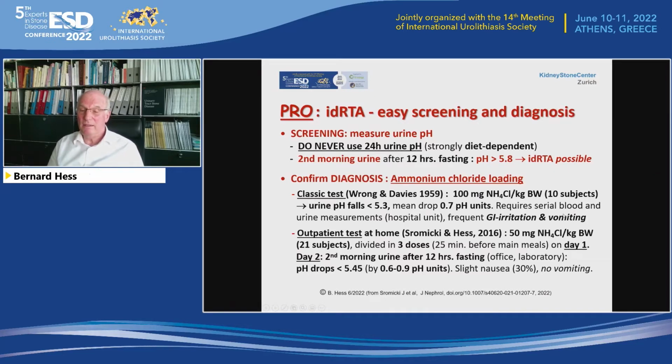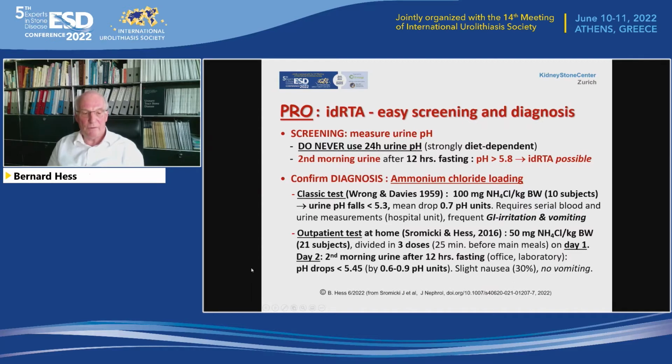This requires serial blood and urine measurements in a hospital unit, and a problem that is frequently present is gastrointestinal irritation and strong vomiting. We have developed over the years an outpatient test which can be done at home. We use half the dose of Wrong and Davis, which we consider a more physiologic acid load. We did that in 21 normal subjects. They got this dose divided in 3 parts, 25 minutes before main meals on day 1.